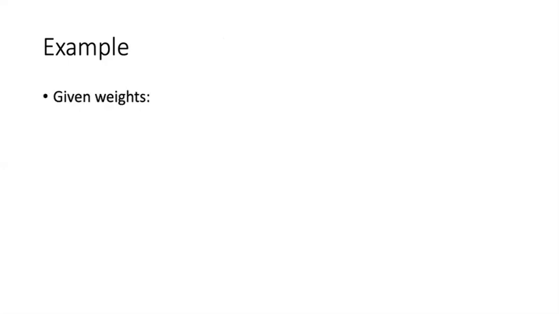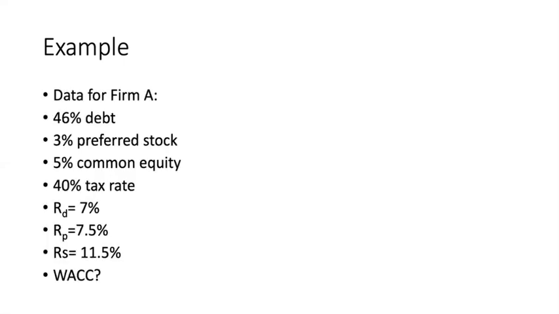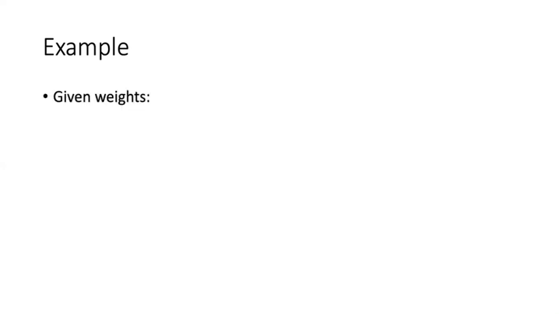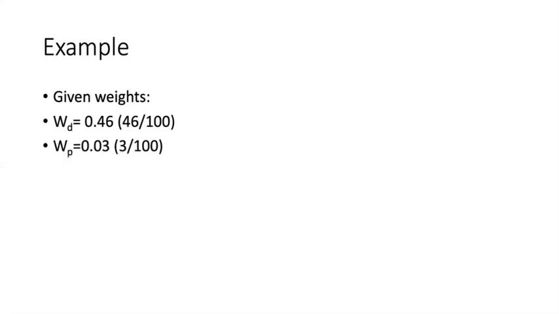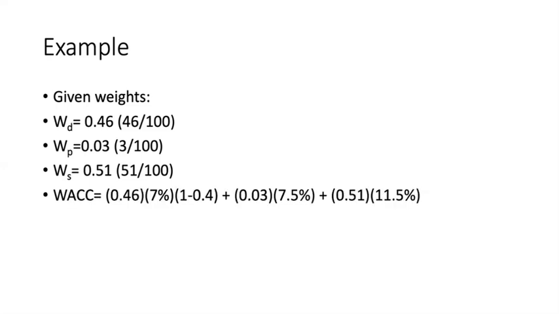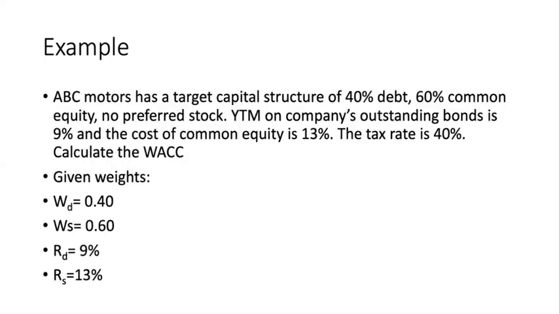To calculate WACC, we'll first convert these percentages, 46%, 3%, and 51%, into weights, which we will do by dividing 46 by 100 for WD, 3 by 100 for WP, and 51 by 100 for WS. We'll plug in these weights and the Rs that were given in the question, and we'll be able to find our WACC, which turns out to be 8.02%.